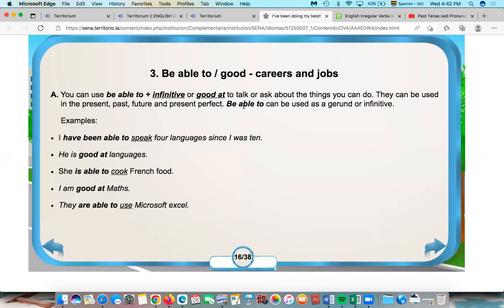So if I say, are you good at English? No, I am not. Yeah, perfect. But you can say, yes, I am. Yes, you are. Good. Are you good at maths?